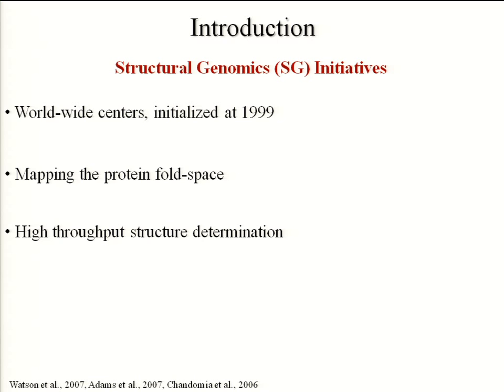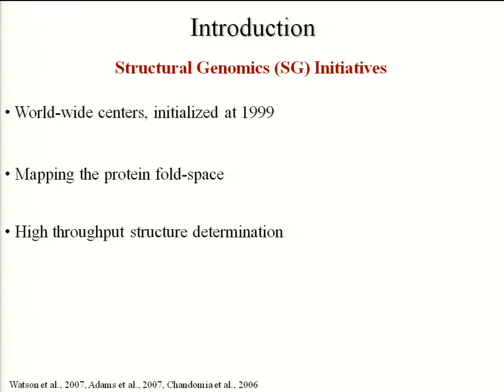So the background is that, as we all know, we have the Structural Genomics initiative going on around the world, which means that, since one of the goals is to map the protein fold space, we have a lot of proteins with known structure but unknown function.